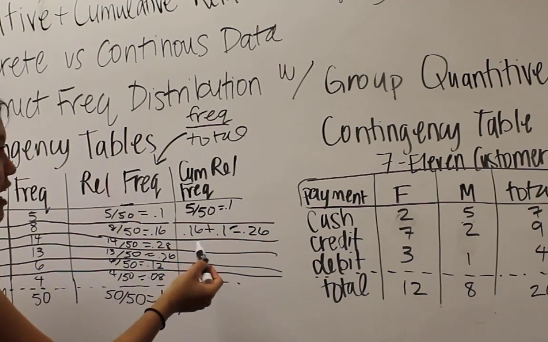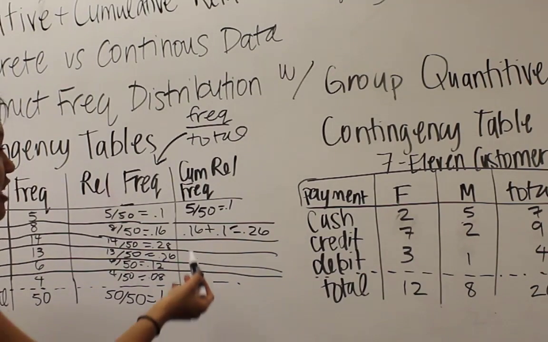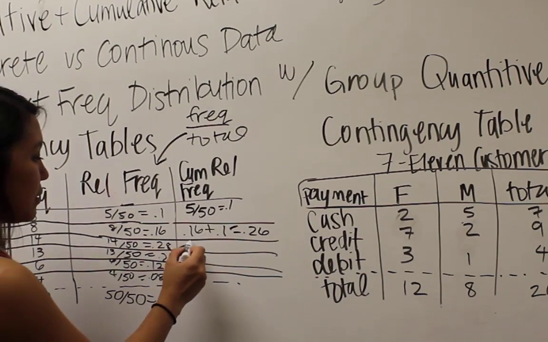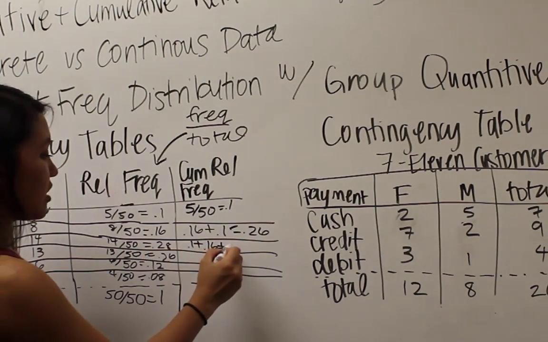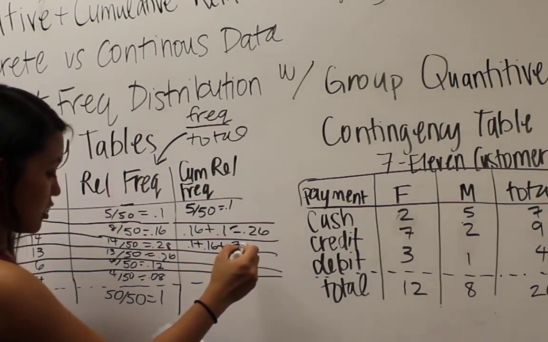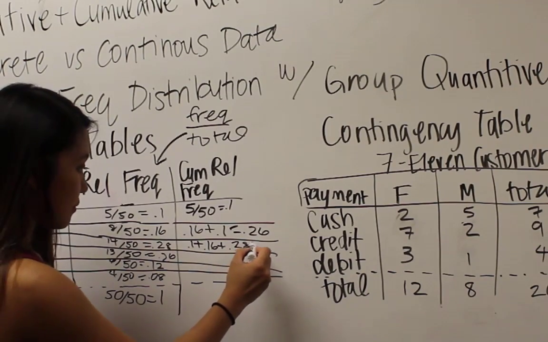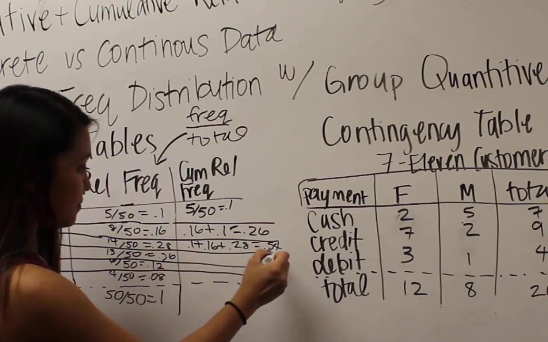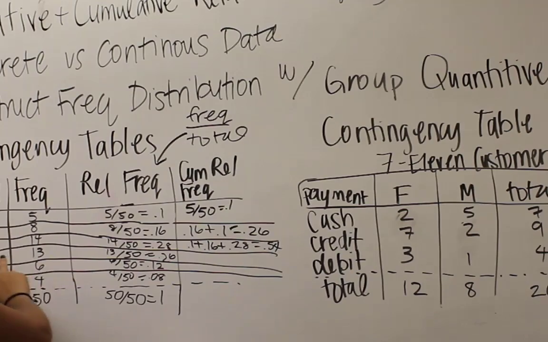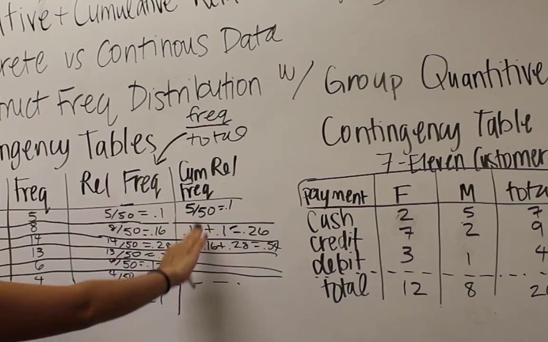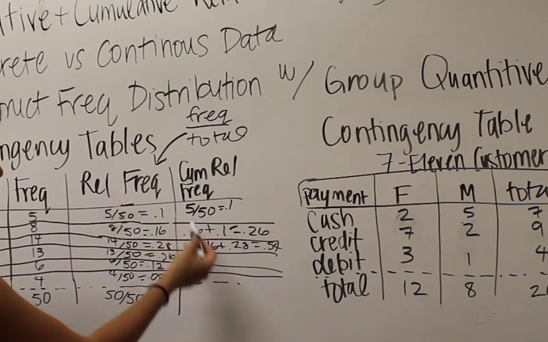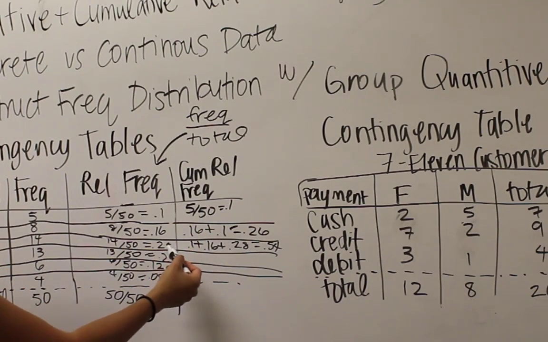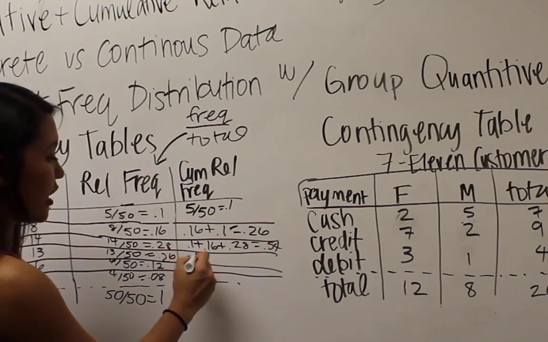This third one would be the accumulation of the first 3, which would be 0.1 plus 0.16 plus the frequency of this one, 0.28, which is 0.54. The next one would be an accumulation of all 4 of these, which would be 0.1 plus 0.16 plus 0.28, which we already know is 0.54.